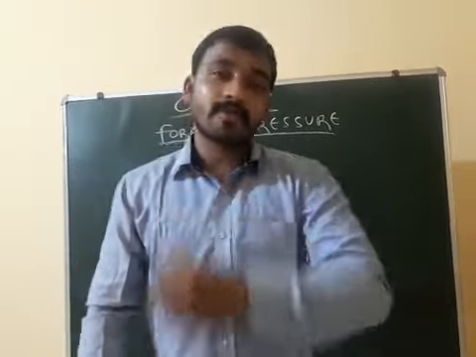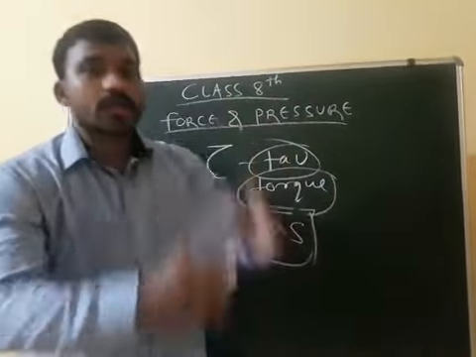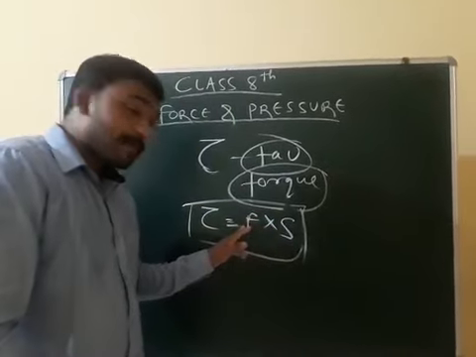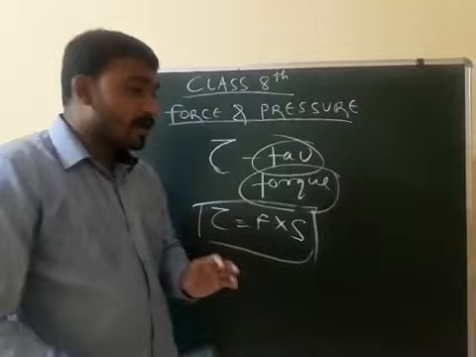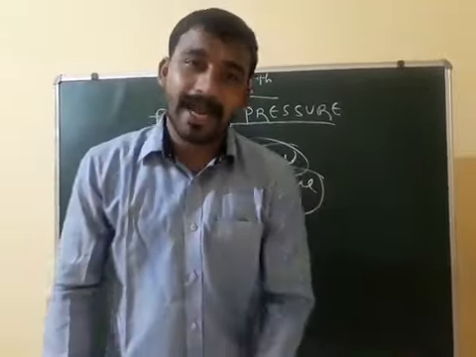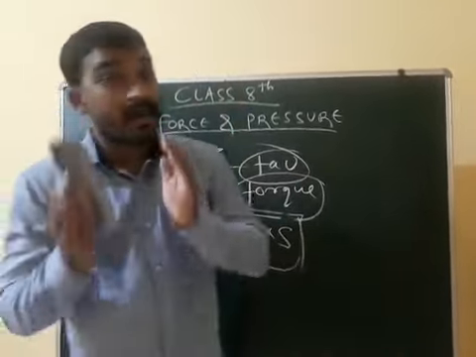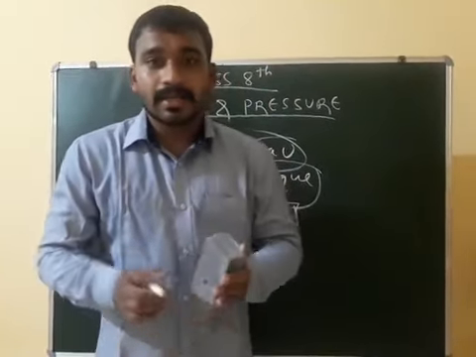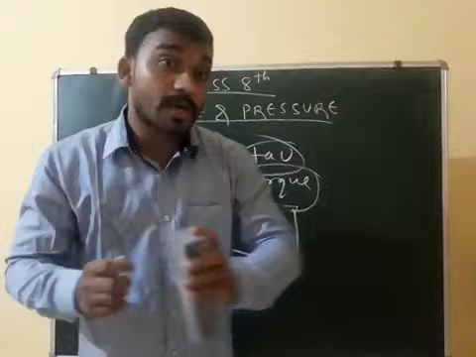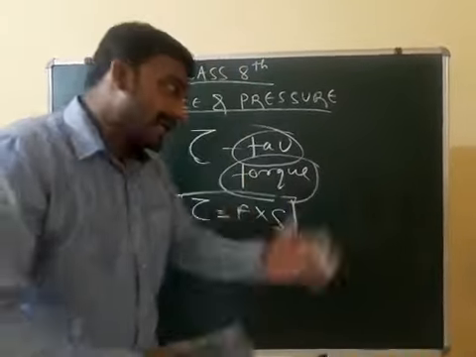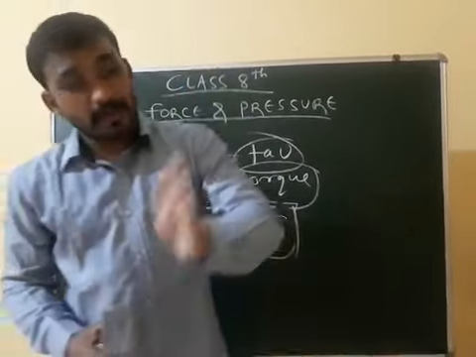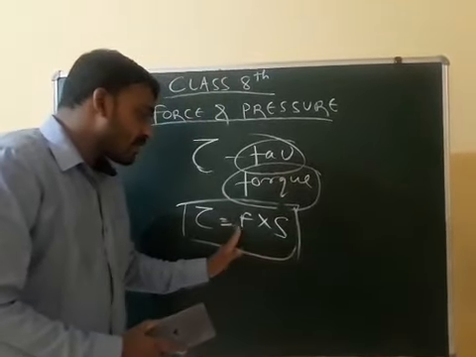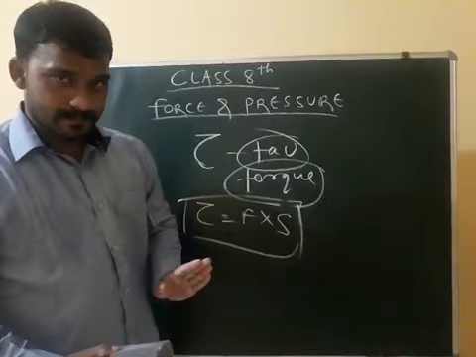The definition of moment of force is the product of the displacement of the body from the pivoted point and the magnitude of force applied. Another way you can write it: the moment of force is defined as the product of the magnitude of force applied and the displacement of the body from the pivoted point. That is why tau is equal to F into S.